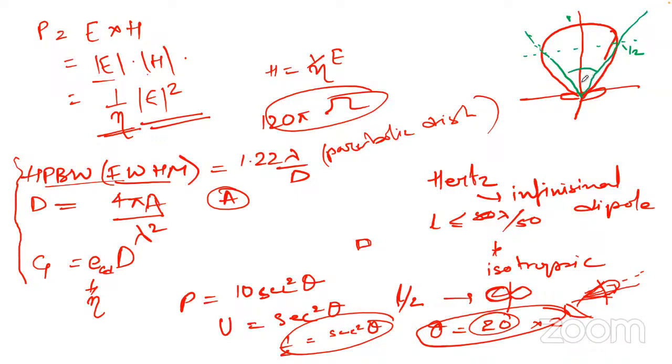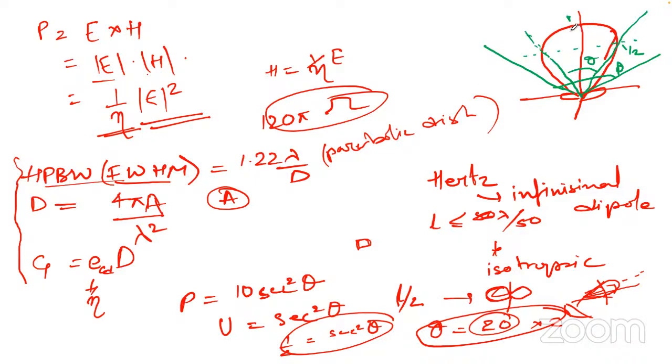Okay. Yes, sir. Now, besides this, there is one more thing. Say this is theta, and this is phi. Phi is the first null beamwidth, because there is a null here, meaning the power goes to almost 0 here. So this is the first null beamwidth. Now the equating to half comes from here.